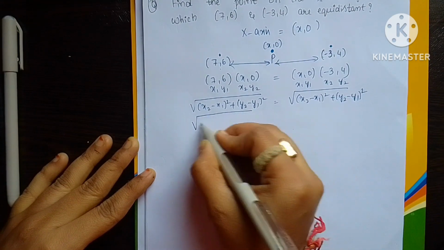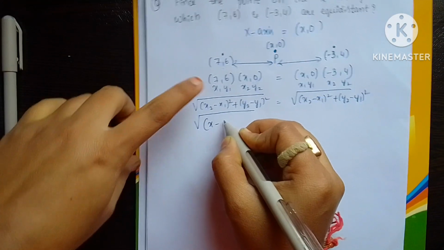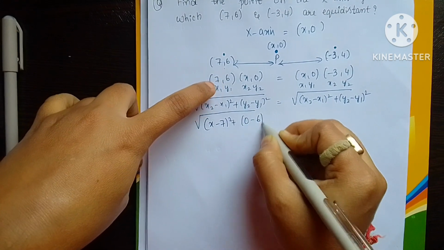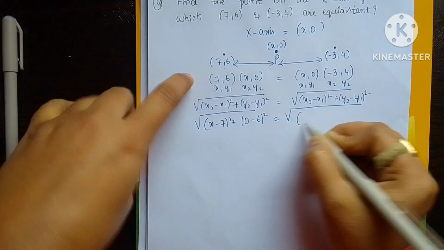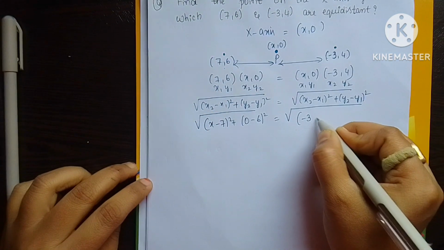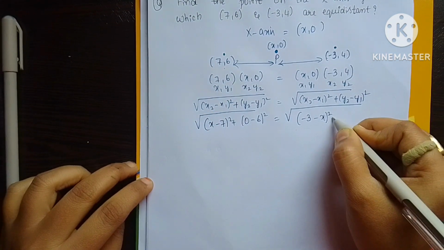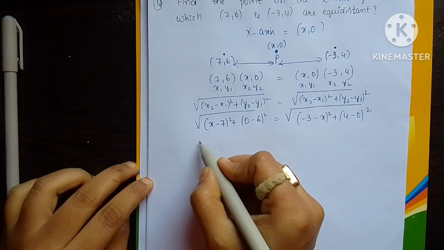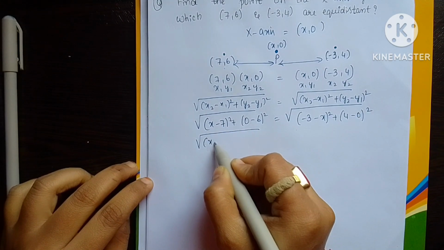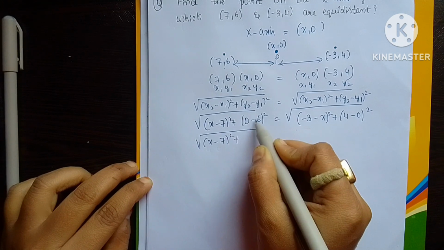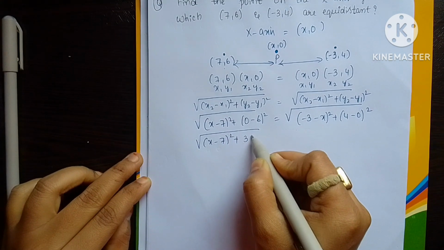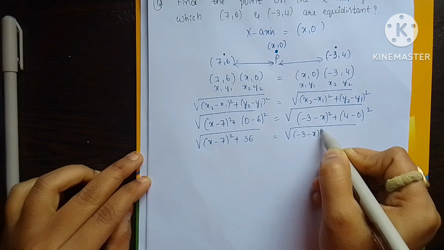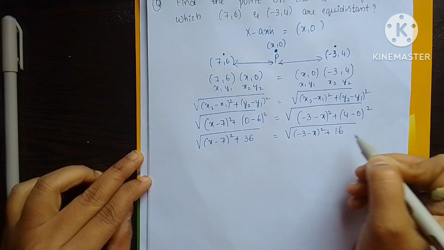So square root of (x minus 7) whole square plus (0 minus 6) whole square, equal to the square root of (minus 3 minus x) whole square plus (4 minus 0) whole square. Now (x minus 7) whole square plus 0 minus 6 is 6, 6 square is 36. So (minus 3 minus x) whole square plus 4 square is 16.